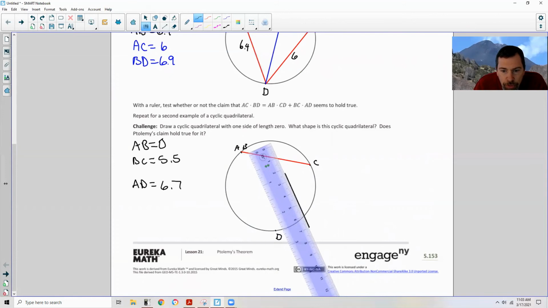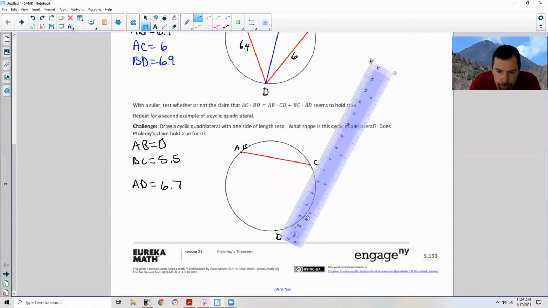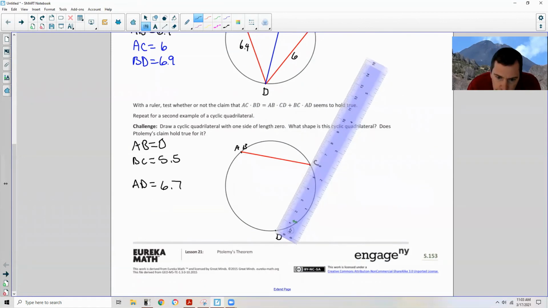So now I'm going to measure DC. So I'm trying to get as close as possible to D. Okay, I was holding my breath there. All right.